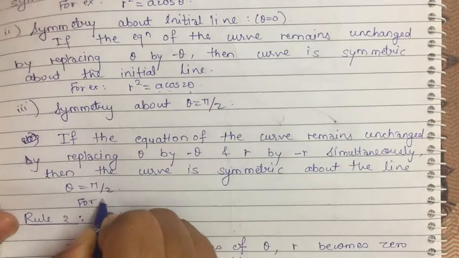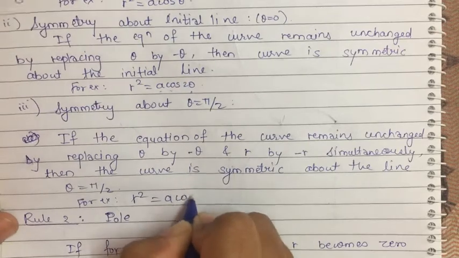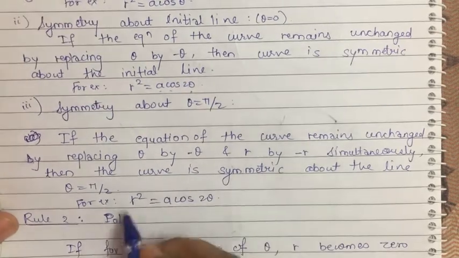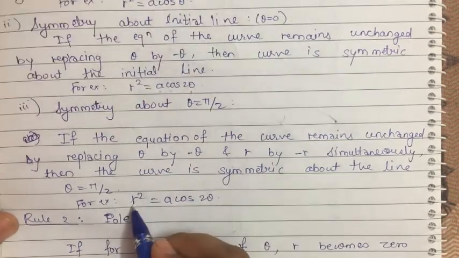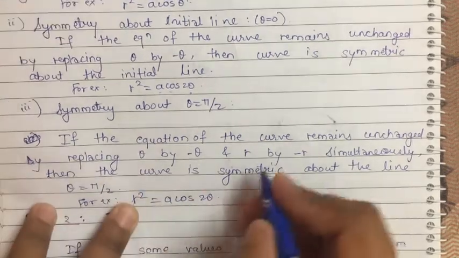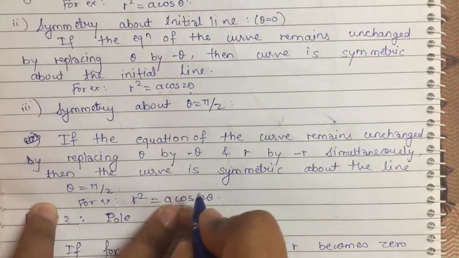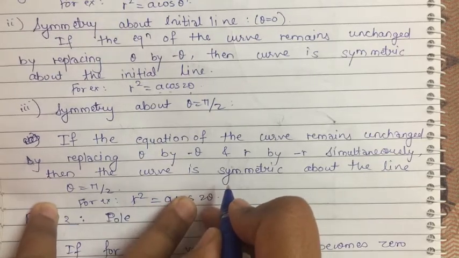For example here, again the same curve, r square equal to a cos 2 theta. If you replace r by minus r, then what you will get? Minus r whole square equal to a into cos of minus 2 theta.